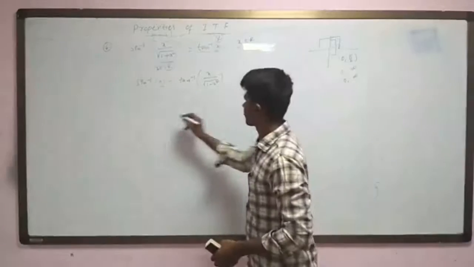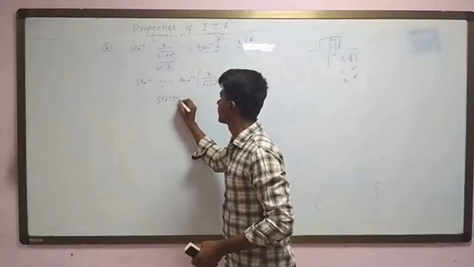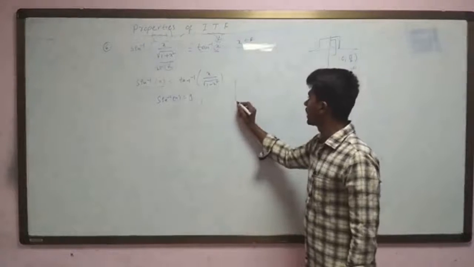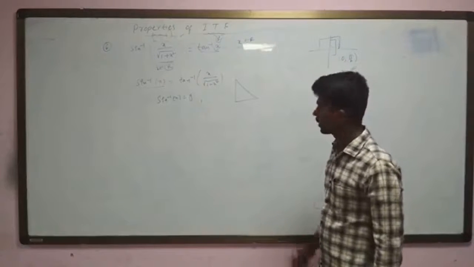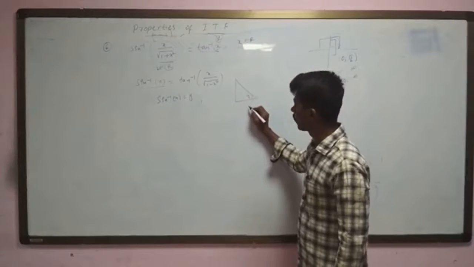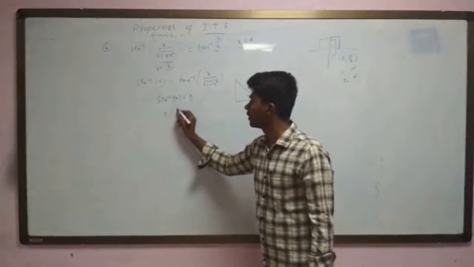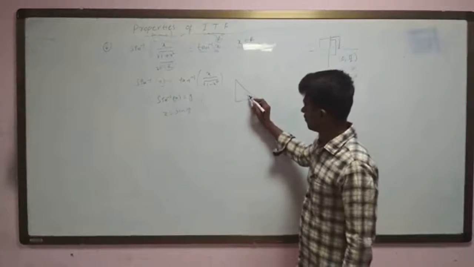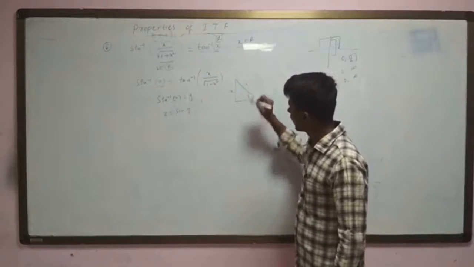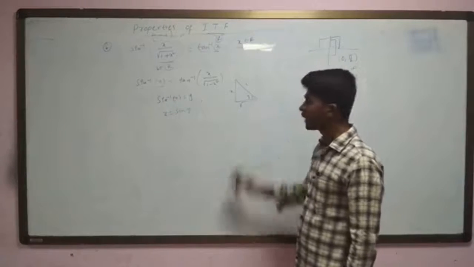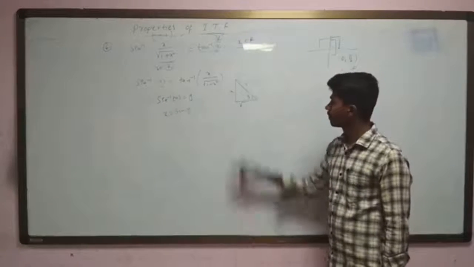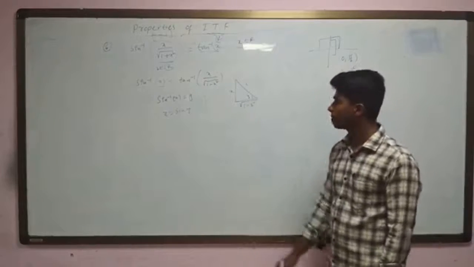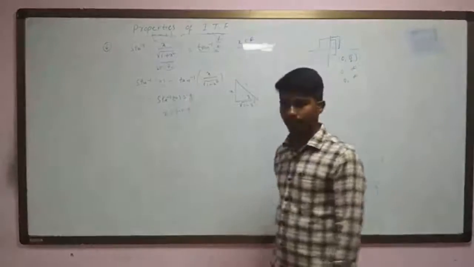See, if I take sin inverse x as y, so what happens? I consider one right angle triangle. So I take this as y, means I get x is equal to sin y. So sin y is opposite by hypotenuse. I want adjacent. How do I get adjacent? Root of hypotenuse square minus opposite square, 1 minus x square. So I want to relate this sin in terms of tan.